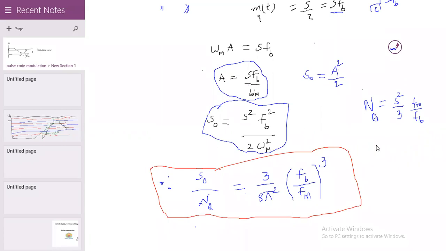S naught by NQ equals 3/8 pi square into FB by FM whole cube. Okay, got it?